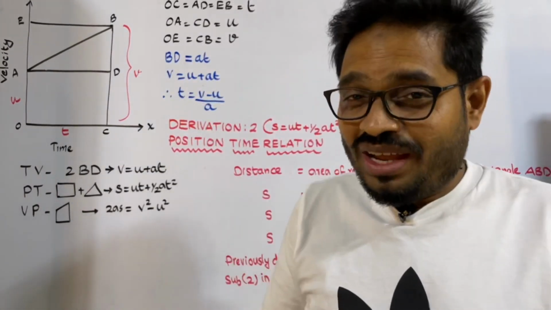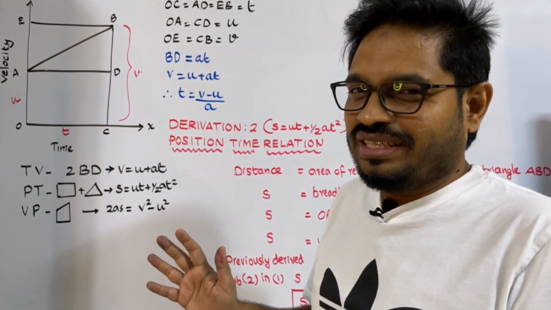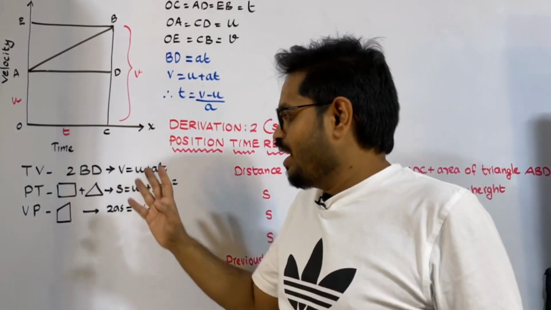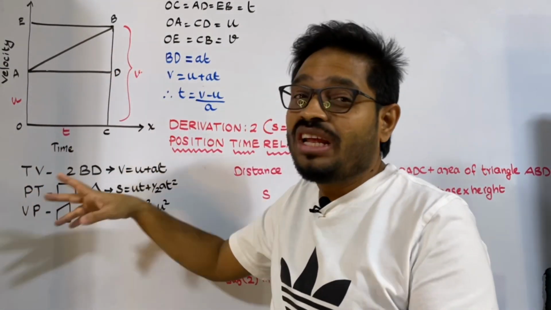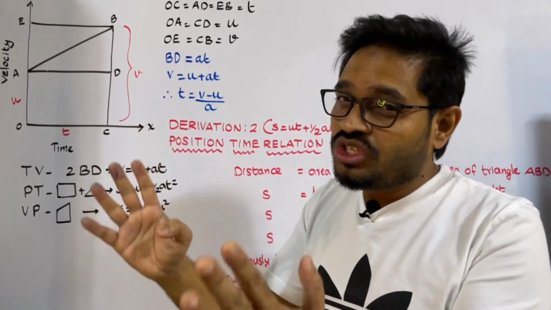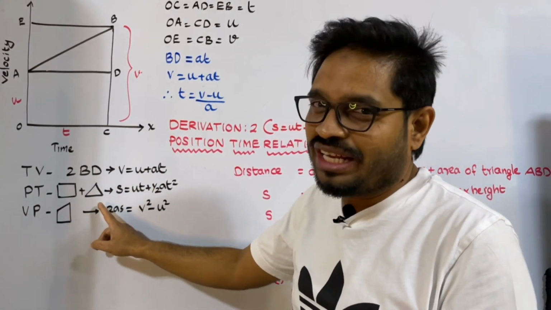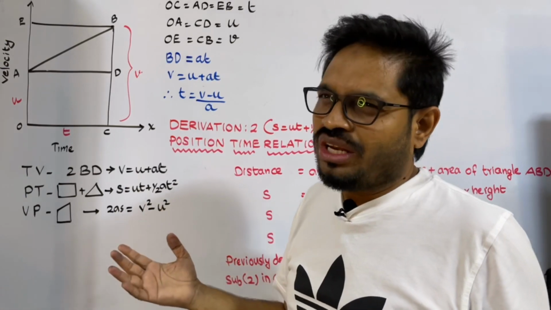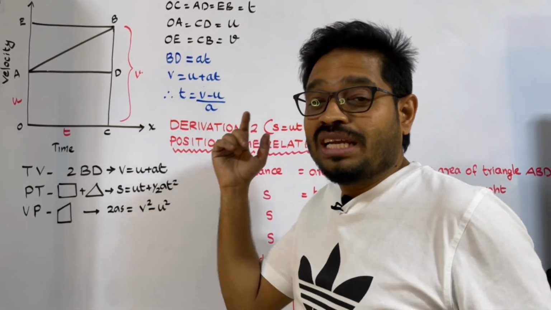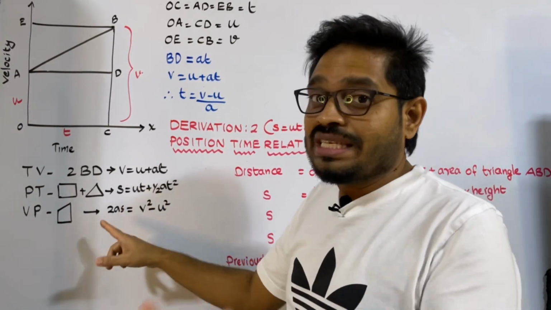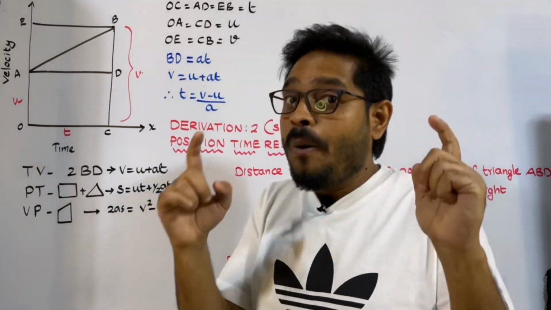So guys, after that beautiful derivation of the first relation, now we are in the second relation. Let us recollect the PT teacher playing with the children, arranging them in the form of a rectangle and a triangle, and thinking about the area of a triangle, half into base into height, connecting that half here. s is equal to ut plus half at square is the formula I want to make.